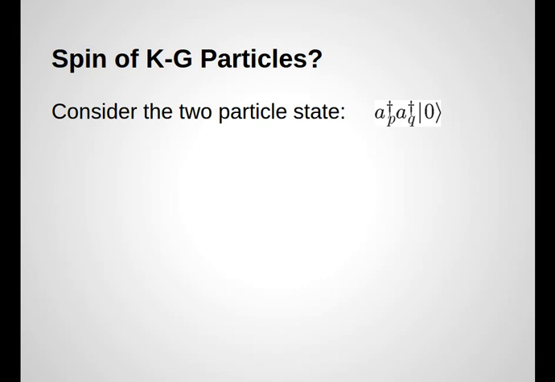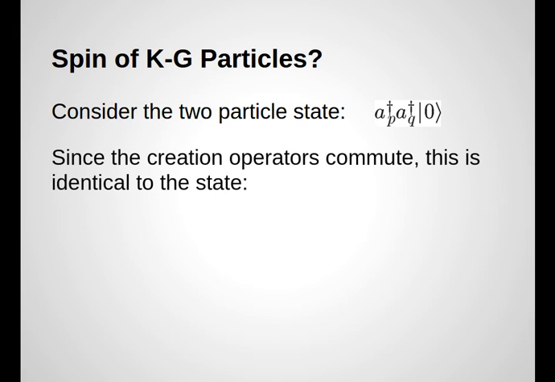And you notice that these creation operators commute, regardless of their subscripts. So you can say this state is identical to that state. It doesn't depend on how I fill the states. I can fill it first with q and then with p, or first with p and then with q.